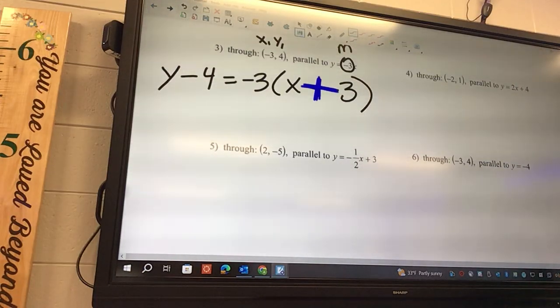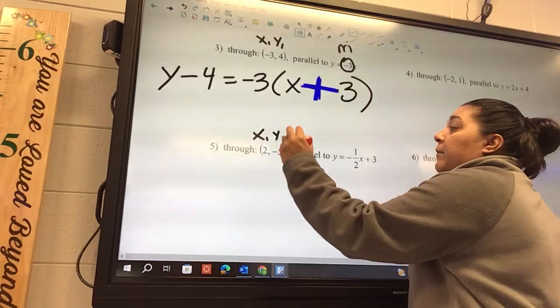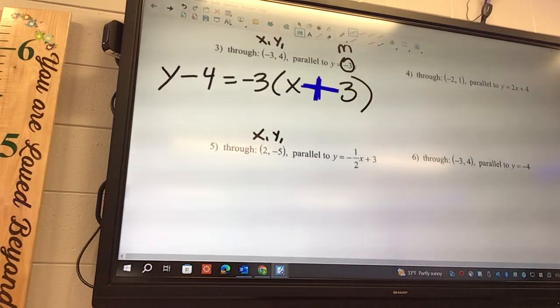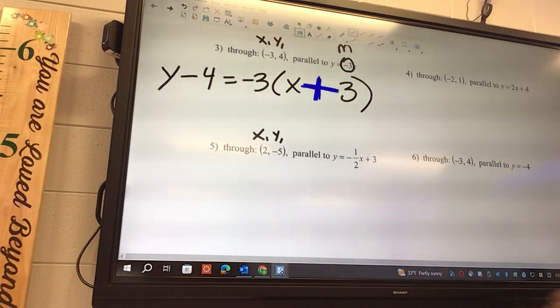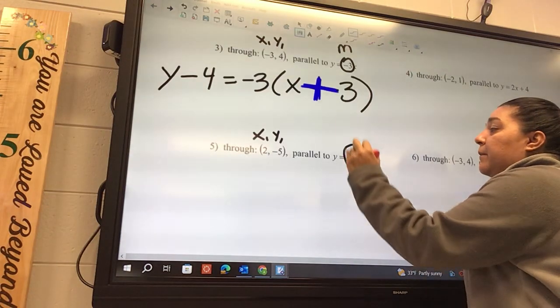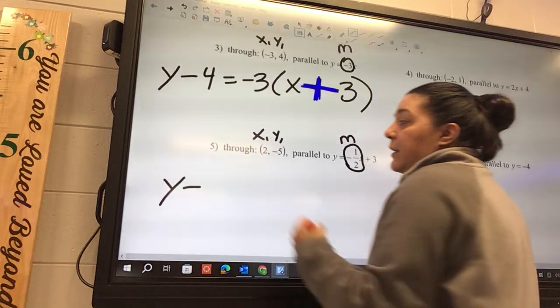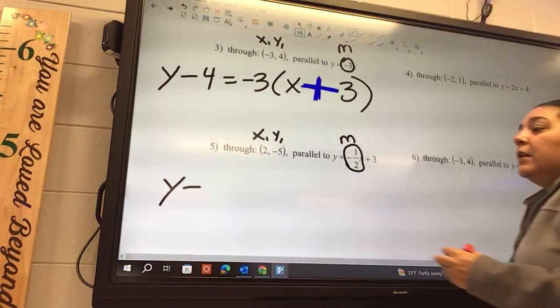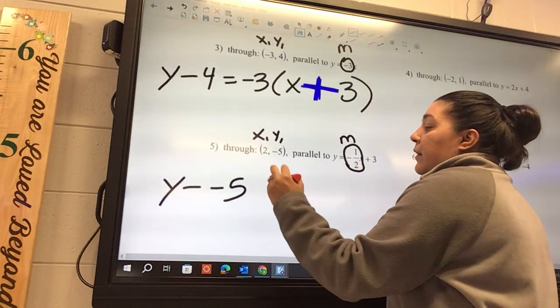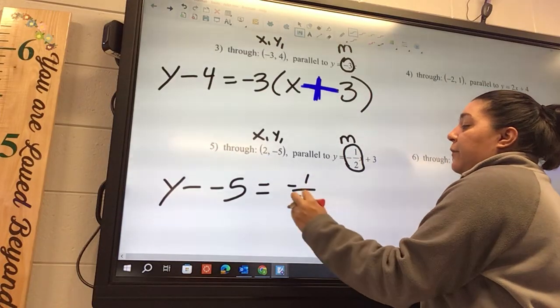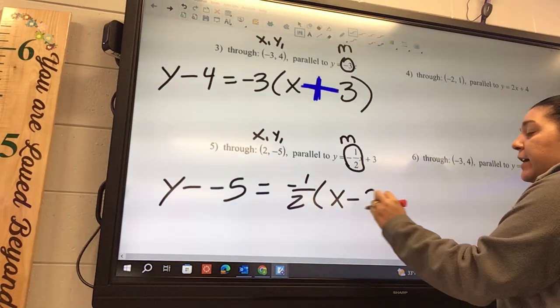Number 5, we're going to label x1, y1, and what is going to be my m? -1/2 is going to be my m. And it's parallel, so we're not going to change it. So it's going to be y minus, what is my y1? -5 equals my m, -1/2, x minus my x1 is 2.